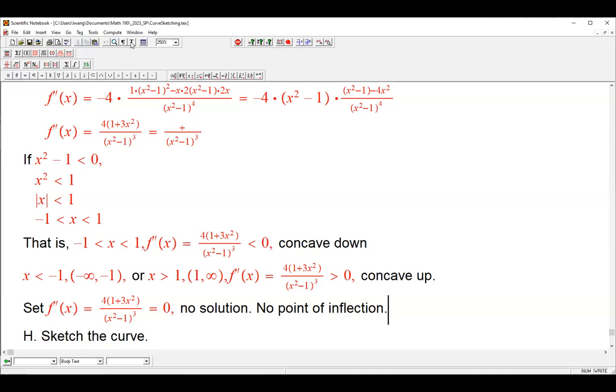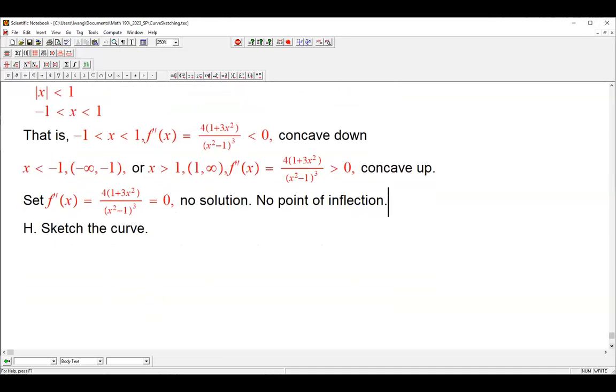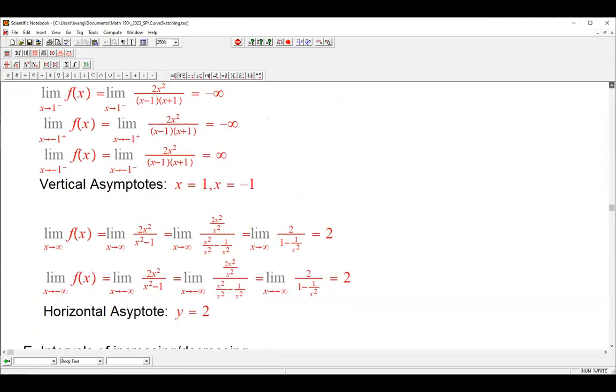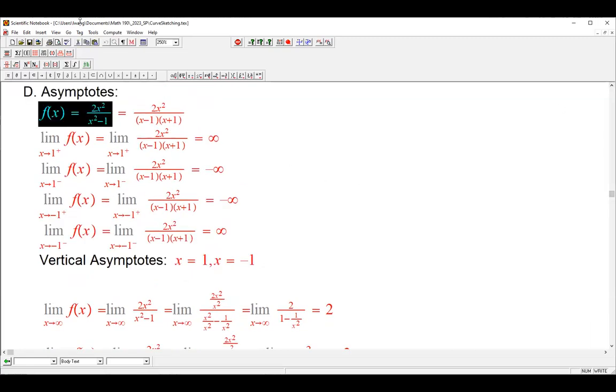Last but not least, we're going to sketch the curve. We're going to put all of these things together. And of course, we can use some graphing tools to do this. So now we're going to bring our function with us. This is our function.